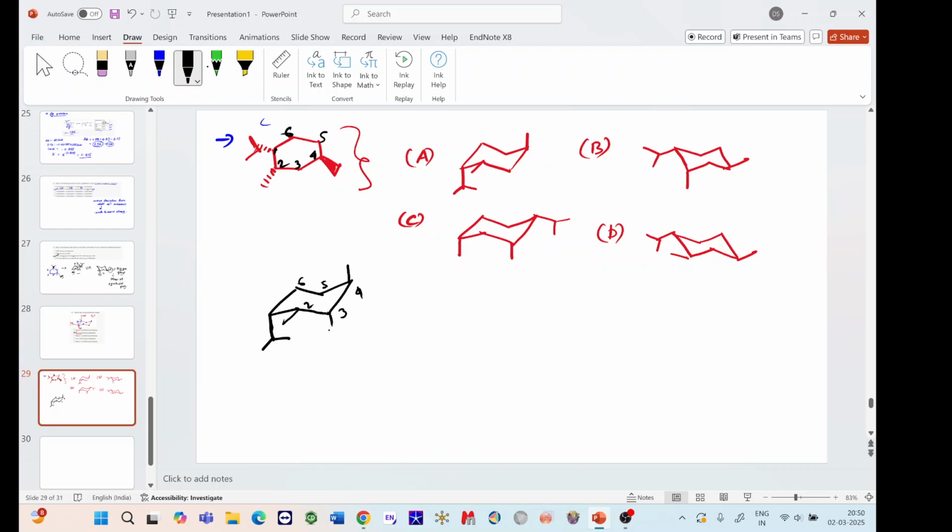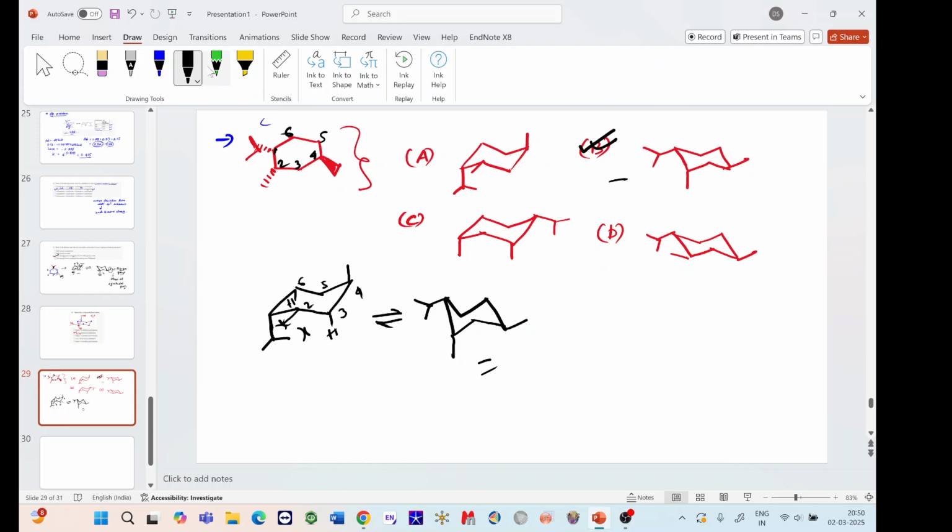But this one will not be stable because there are interactions present. So if we flip it, then down means this one. Then you have also this one down, and this one will be, yeah. Okay, I guess it is matching with the B. This will be the right answer.